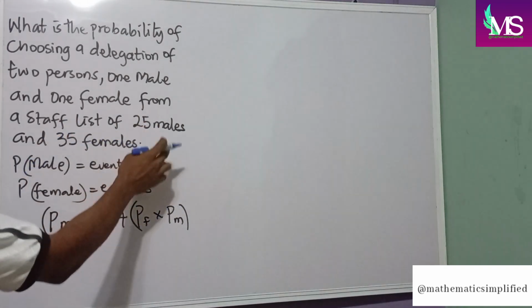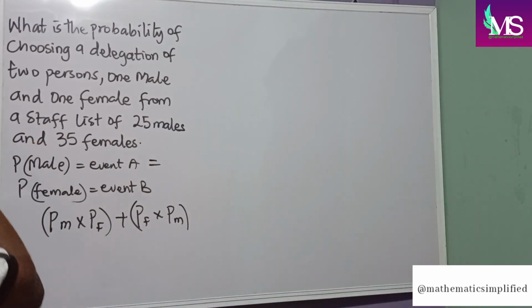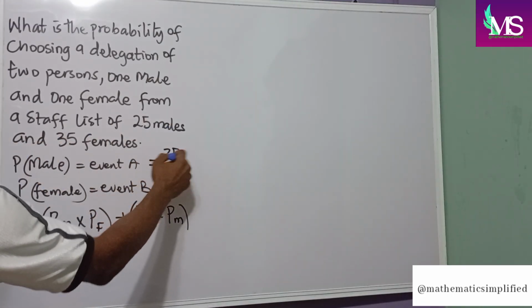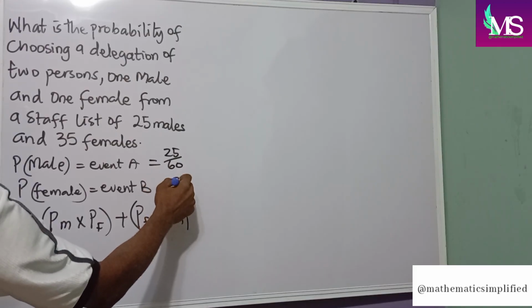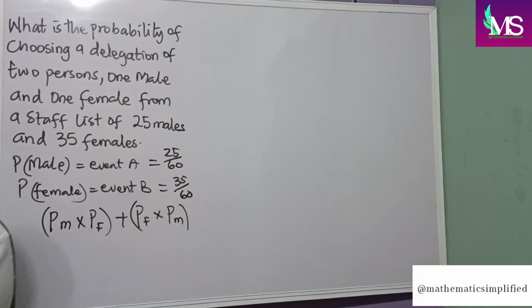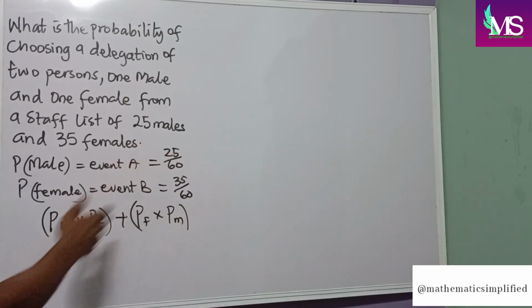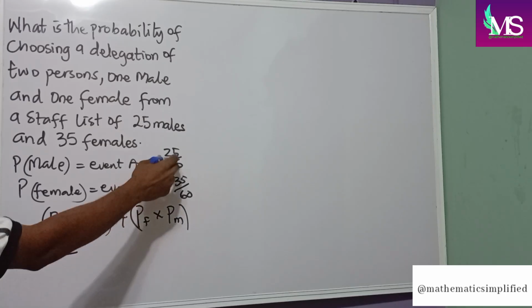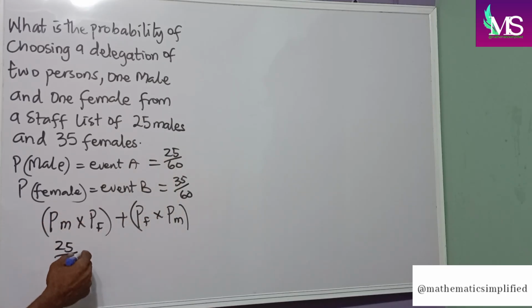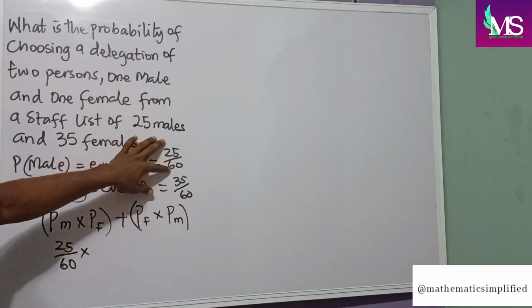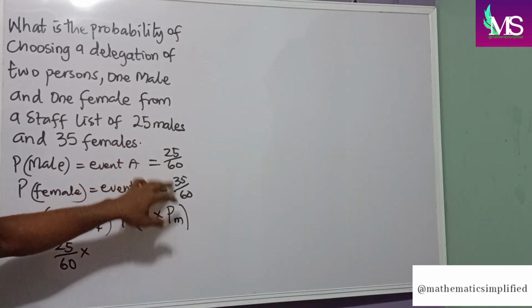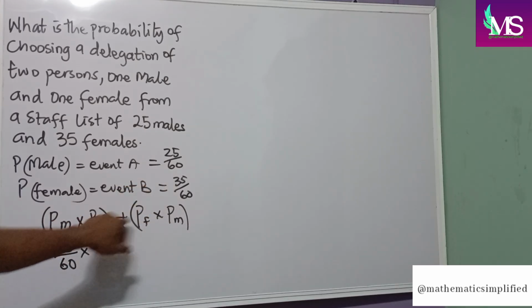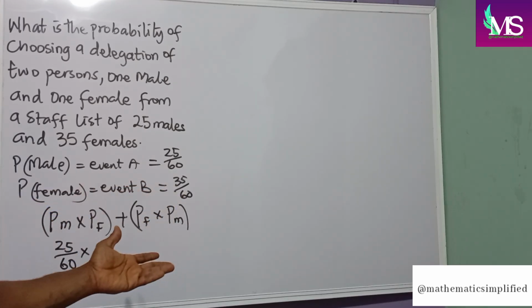Now, what's our probability of male? If we add up 25 plus 35, we have 60 staff. So this becomes 25 over 60, and this becomes 35 over 60. We can reduce this to its lowest term, or leave it like that for easier calculation. Since our male is coming first, 25 over 60 times, now for the females, if one male is removed, the total number at the second choice won't be 60 anymore, but 59.